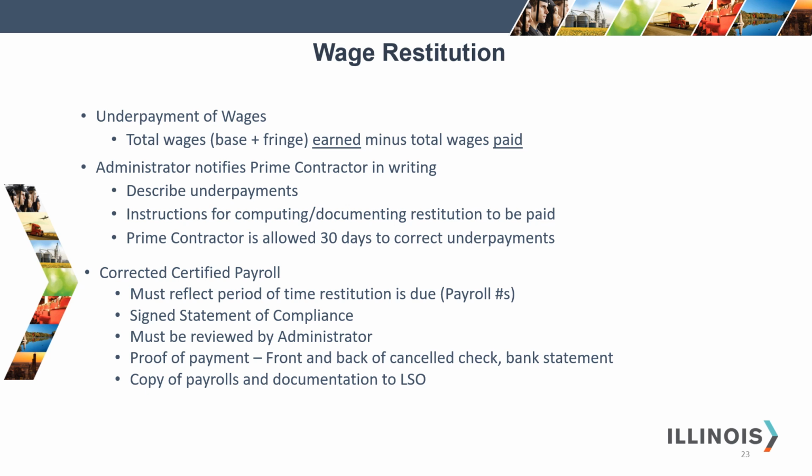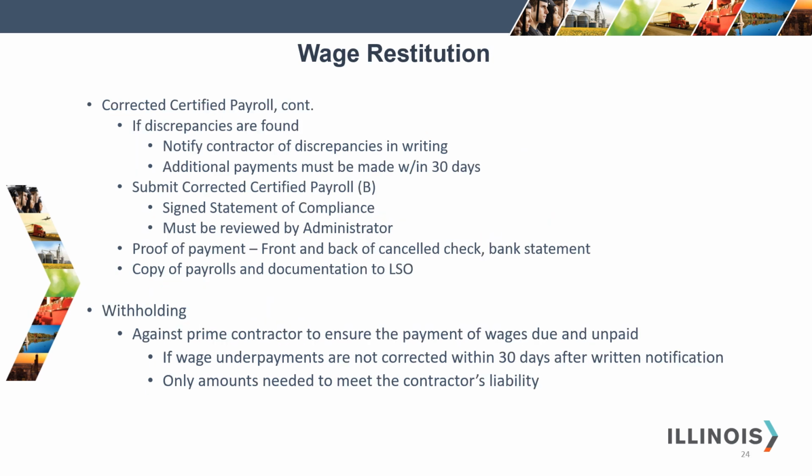You want the front and back of a canceled check or the bank statement showing that the debit was made against the account. You need copies of the payrolls and the documentation, and that must be sent to the Labor Standards Officer.